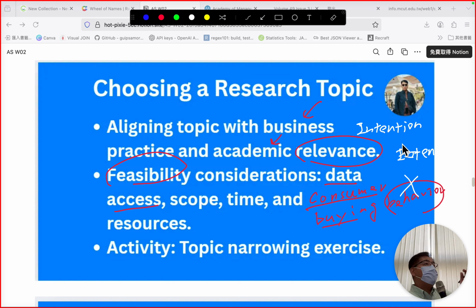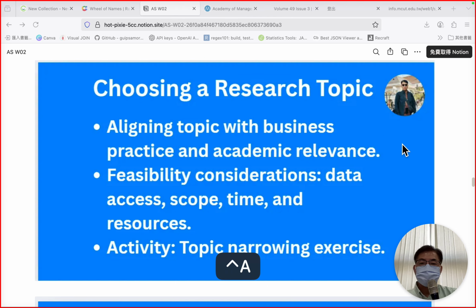Intention is the independent variable of behavior, real behavior. So we will focus on the intention. Buying intention, something like that. So choosing a topic depends on data access, scope and time. We don't have too much time, especially for second year students, right? So we have to collect data within maybe 6 months, 3 months. It'll be okay.